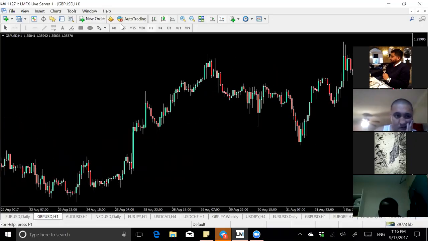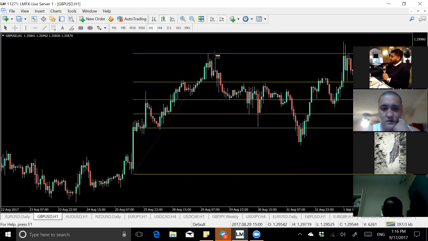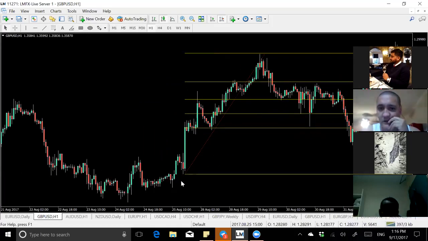Now, if we draw Fibonacci retracements, this right here is the most recent swing that happened, because this is where the buyers stepped in, and then the buyers took control of the market. I'm not going to go into details of buyers and sellers, but we're only going to be focused on the Fibonacci. So does this make sense to everyone that buyers started stepping in from here and then they took over?